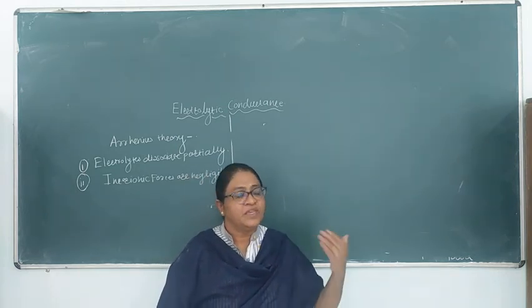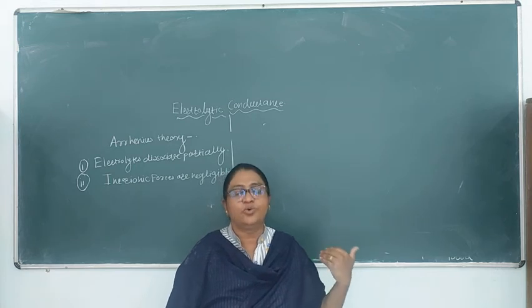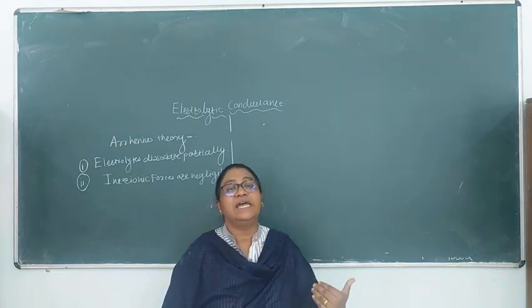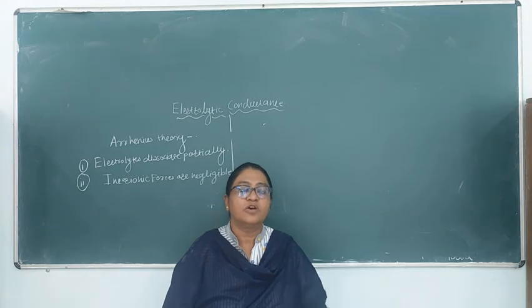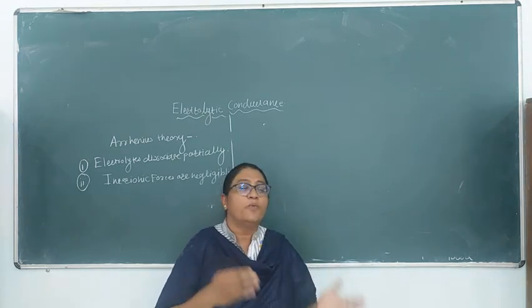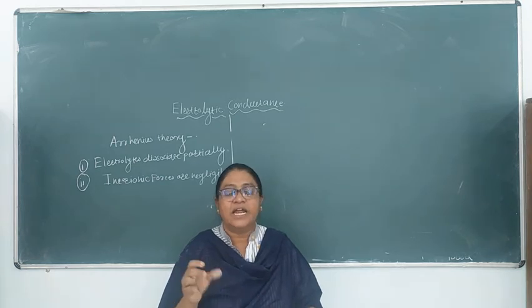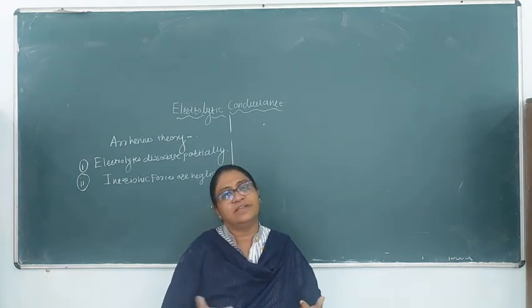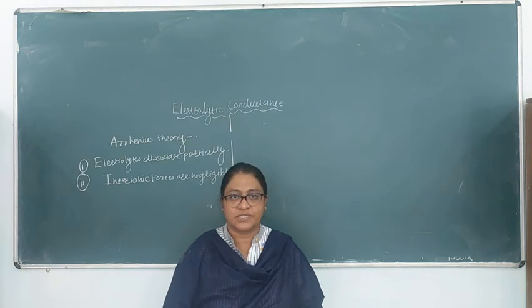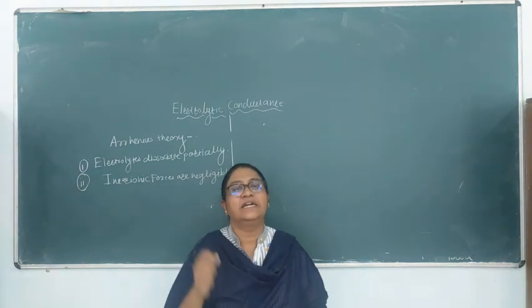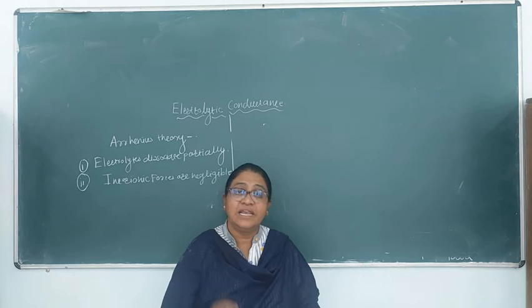But generally here I mean the interionic attractive forces, because when the electrolyte dissociates, positive and negative ions are formed, and obviously the positive and negative ions will have attraction forces. These interionic attraction forces are negligible.